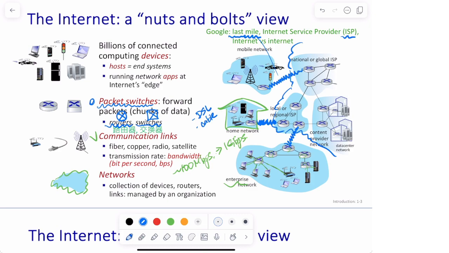So that is how our internet has been built. We have some small networks, and those small networks connect with each other by using the last mile and some routers and switches, and together they form the internet.